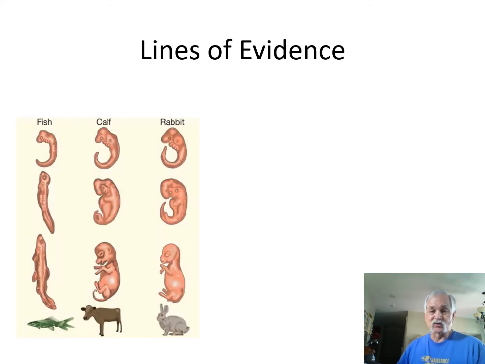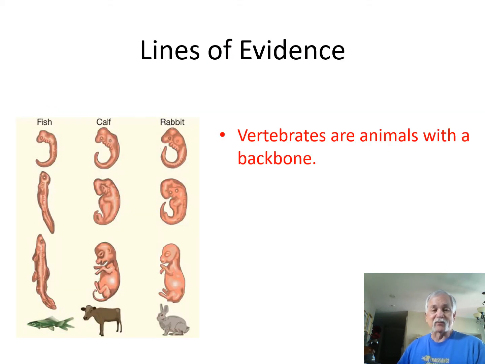All right, here's what we call embryology. We look at the embryos of different things. And so if we look at the vertebrates, which are animals with a backbone, you have a fish, a calf, which is a baby cow, and a rabbit. And you can see they're fairly similar. Of course, they grow up to be very different looking.